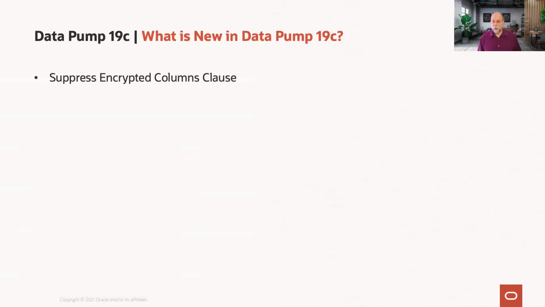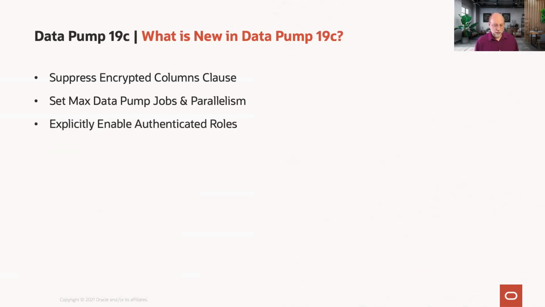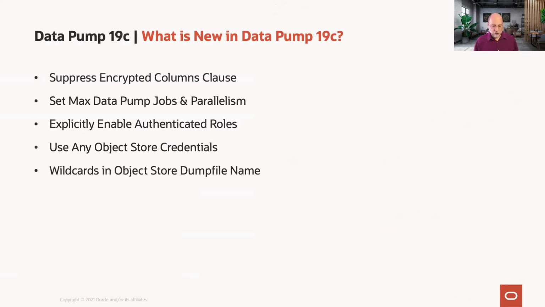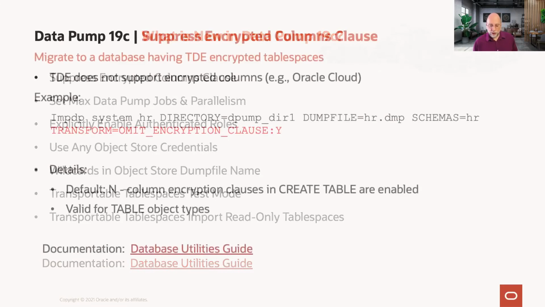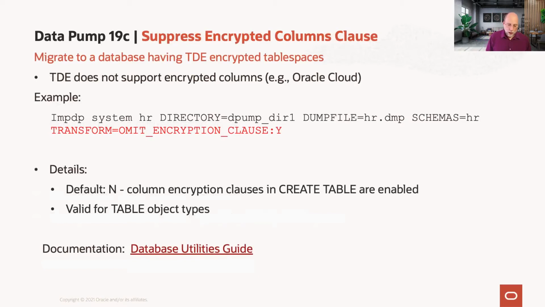We have support for the encrypted columns clause, some controls over parallelism, explicitly enabling authenticated roles, which is a security feature, use of object store credentials, wildcards for object store data files, transportable tablespace test mode, and then read-only tablespaces are back for transportable tablespaces. So I'll go through each of those fairly quickly before I get to the super patch.